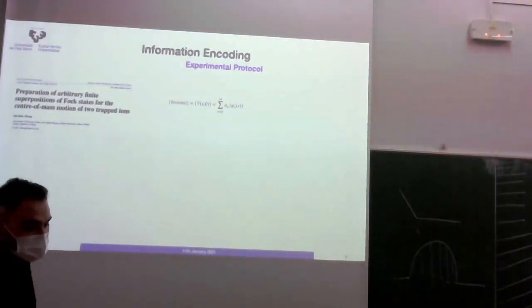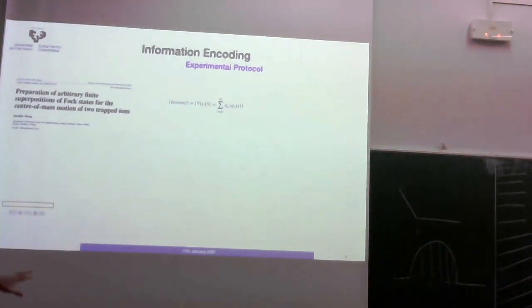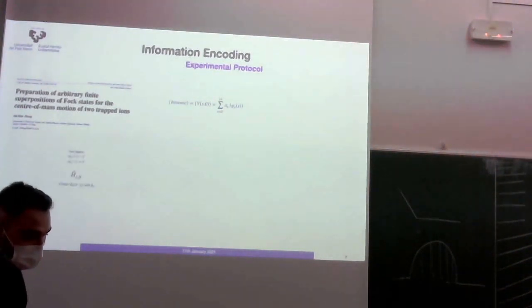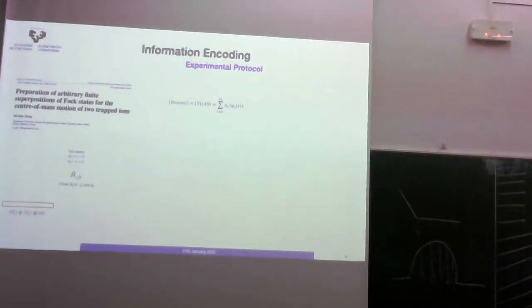And basically the trick is as follows. Let's start with the ground state in both the spins and the bosonic part. So now we have two lasers with two certain frequencies and the corresponding Hamiltonian.